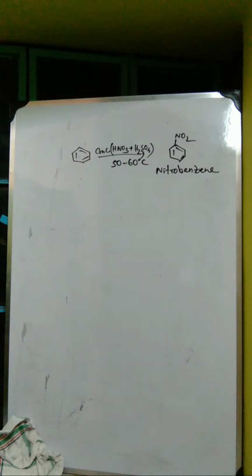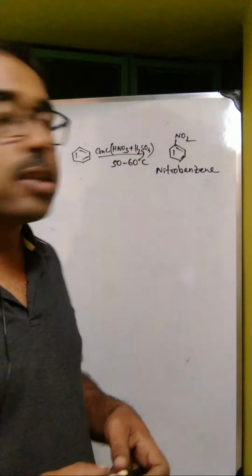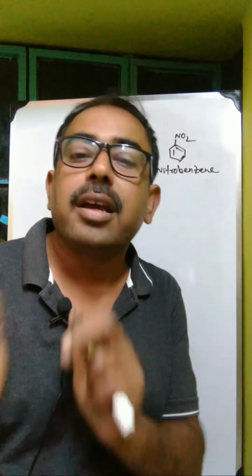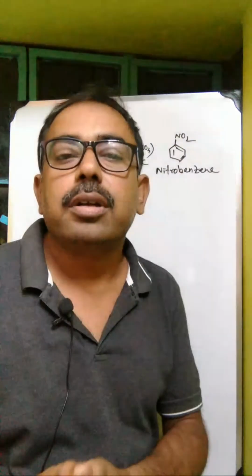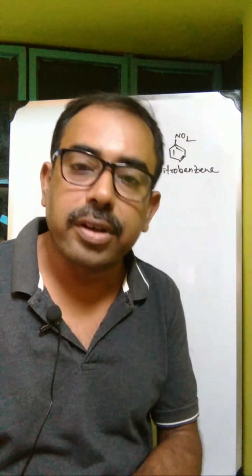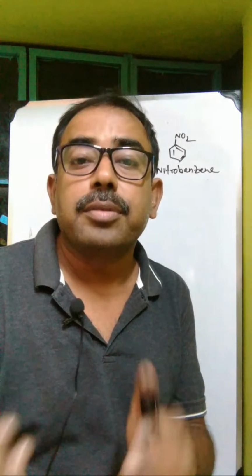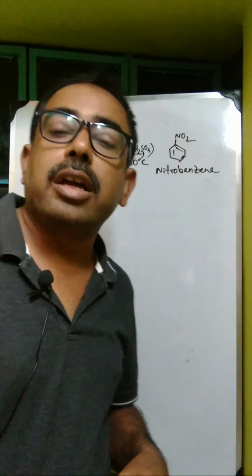Okay, now let's see the mechanism of this reaction. The nitrating mixture, the mixture of concentrated nitric acid and sulfuric acid, is prepared separately in a round bottom flask, at a temperature of 50 to 60 degrees centigrade. For nitric acid, the solution becomes brown when nitrogen dioxide is formed along with NO2 plus ion.